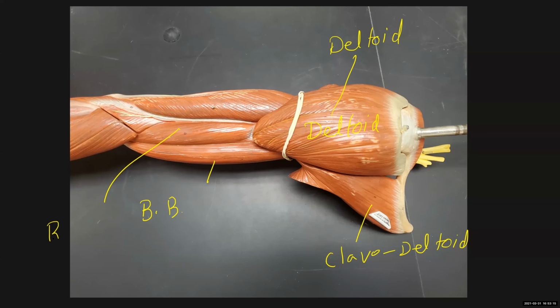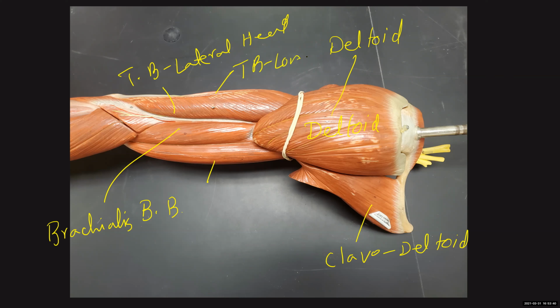Here you see the brachialis, deeper to the biceps brachii. You can see the triceps brachii, lateral head, and this is the triceps brachii, long head. And here you can see the brachioradialis.